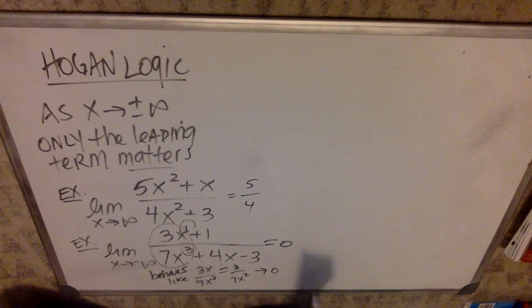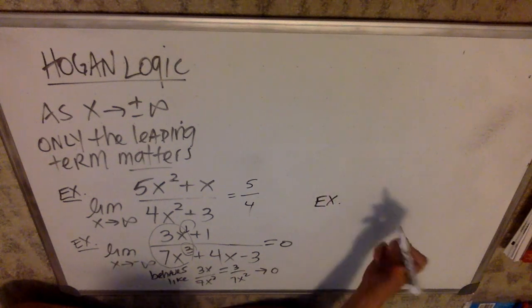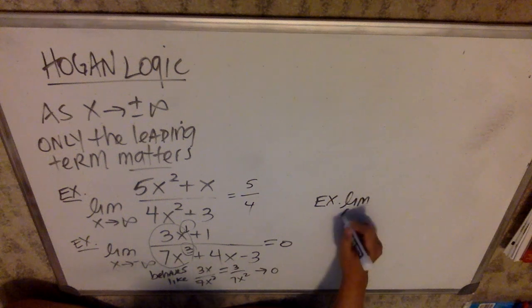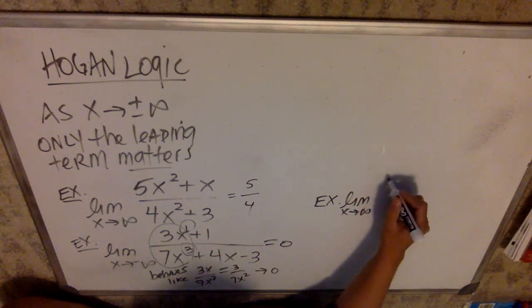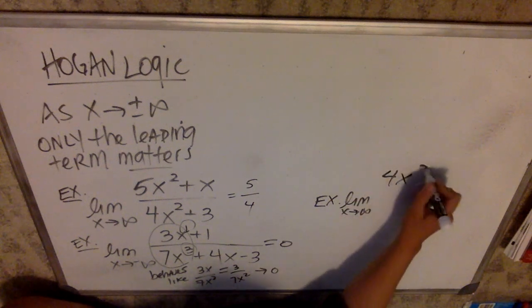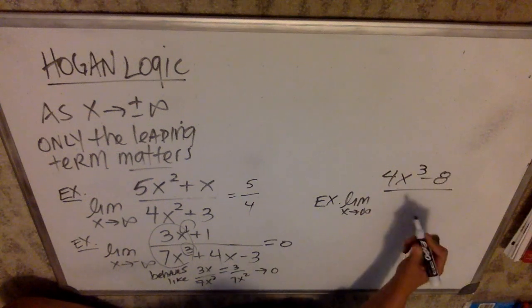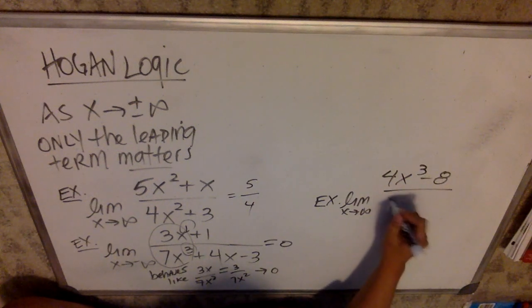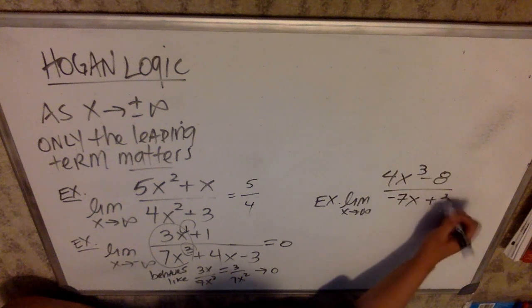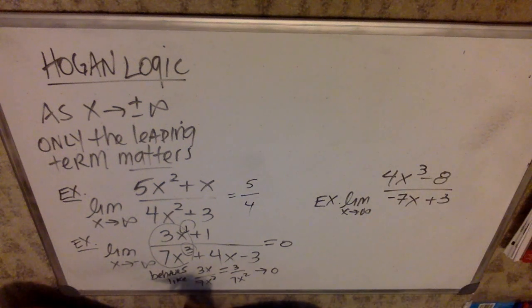By the same argument, if we look logically at one like this, the limit as x approaches infinity of 4x cubed minus 8 over negative 7x plus 3, okay? Same logic.